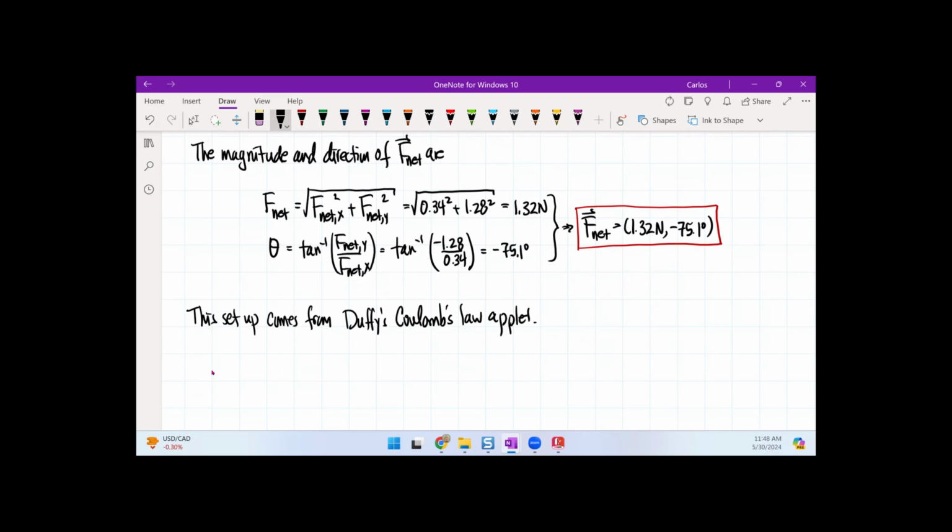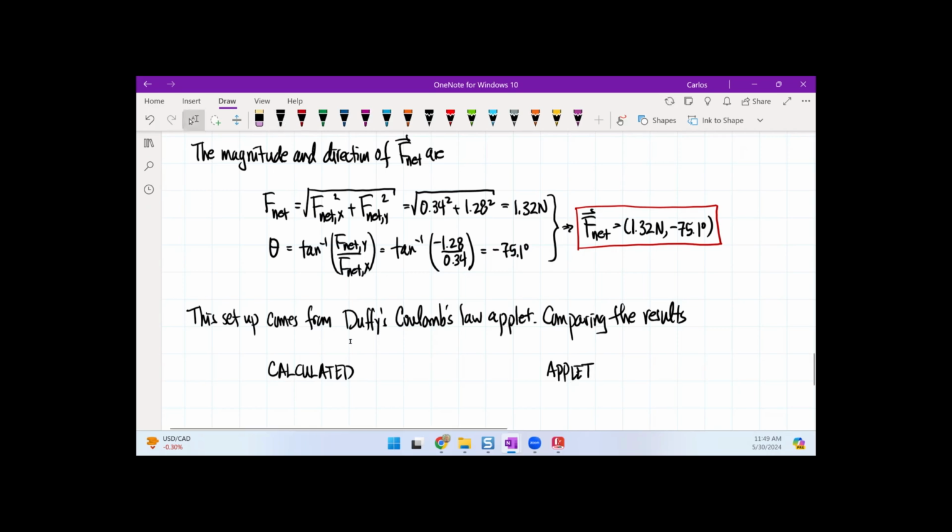So let's compare the results. The first thing that we should look at is the calculated one, and then we want to look at the applet one.